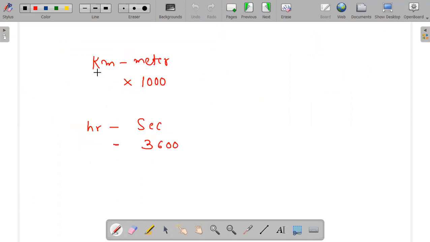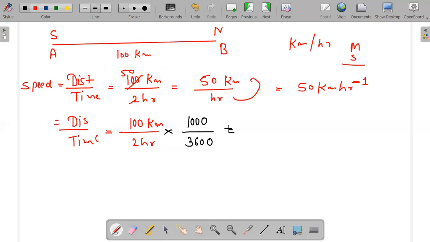Why so? Because in 1 kilometer there are 1000 meters, and in 1 hour there are 3600 seconds, because in 1 hour there are 60 minutes, and in 1 minute there are 60 seconds. So 60 into 60 is 3600. That's why I'm multiplying this. Now if I multiply this, you can directly cut down.